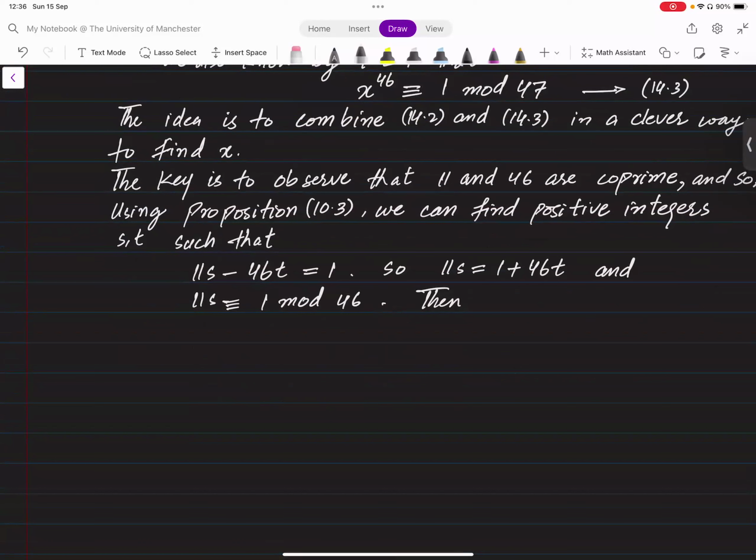Then by this calculation, we can write that x times (x^46)^t is equal to x^(1+46t), and this is nothing but x^(11s), which is (x^11)^s.